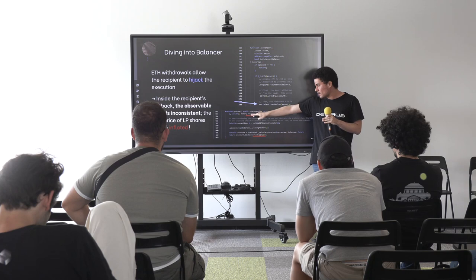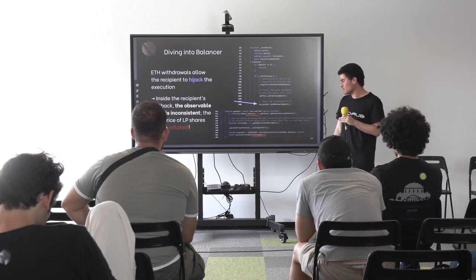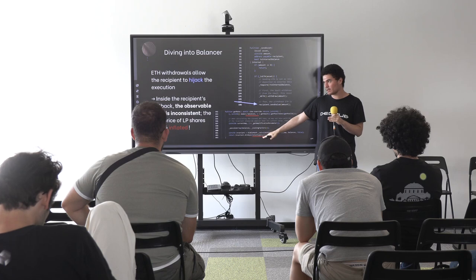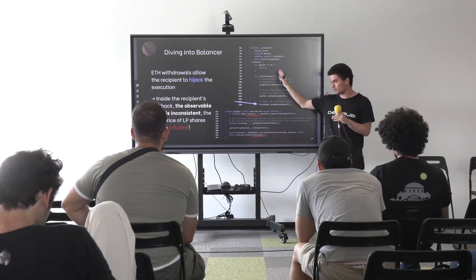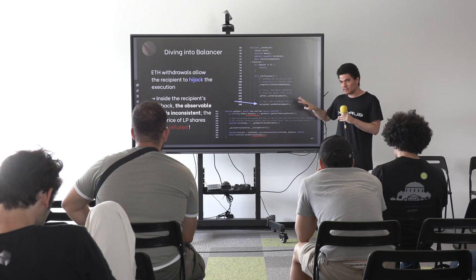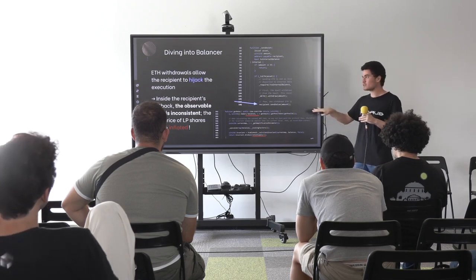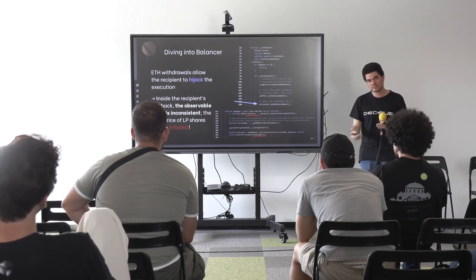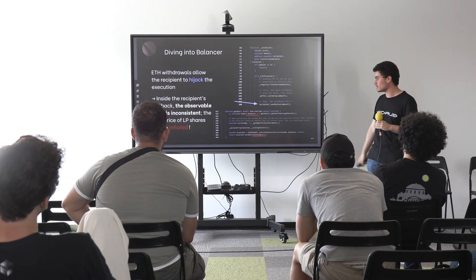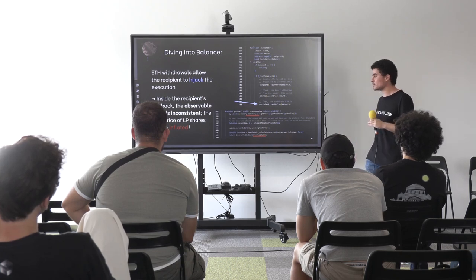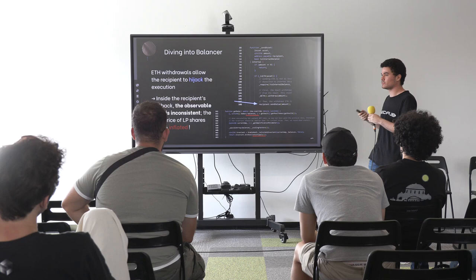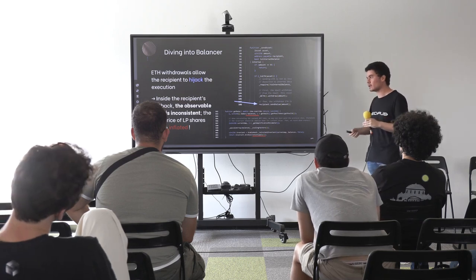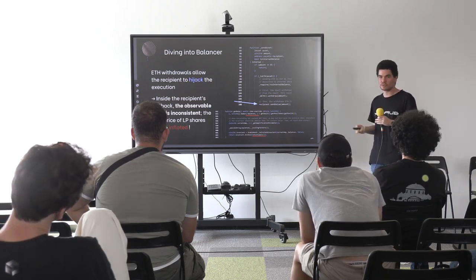Since balances have not been updated yet, and the total supply has been reduced because we're within a withdrawal, the share price of the LP token is essentially inflated. And this is what happened in Arcadia Finance. The attacker inflated the price of his collateral, and that allowed him to borrow more than he should have been able.